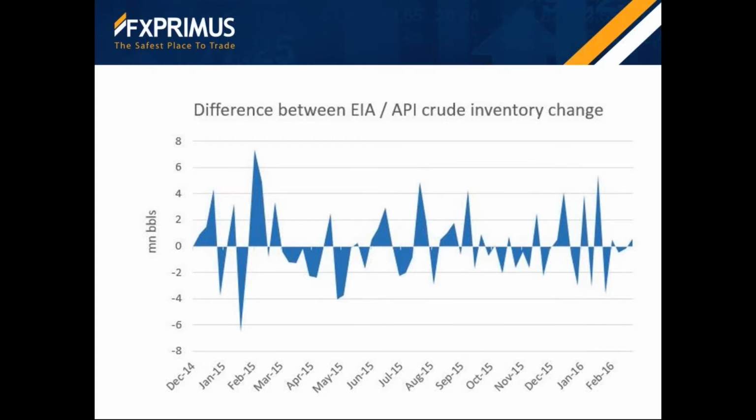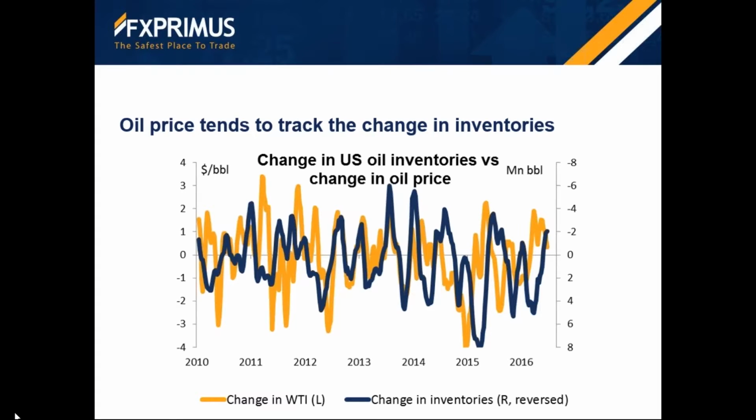Now, how do the figures affect the oil markets? Here in this graph, we can see the change in the EIA crude oil inventories. That's the black line, or the blue line, and it's reversed against the change in WTI price, which is on the left-hand side.